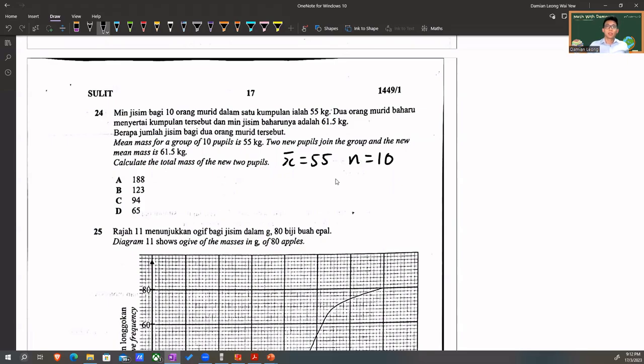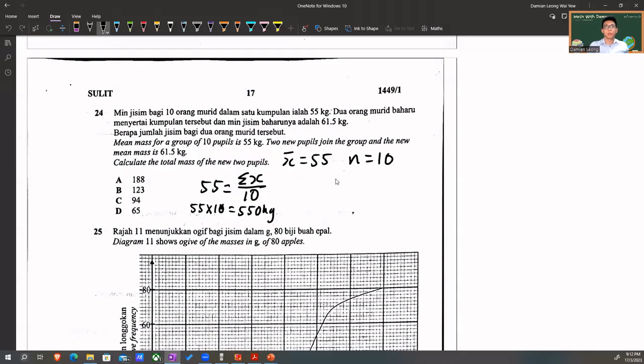So mean is sum of values over n. Means total 55 times 10 is 550 kg for the 10 people. Now for the 12 people, I have the new, extra 2 people.